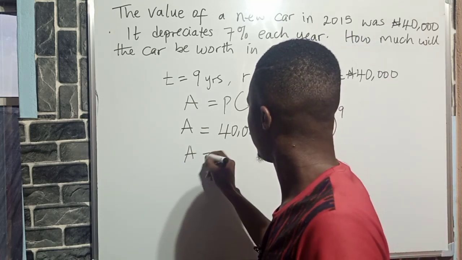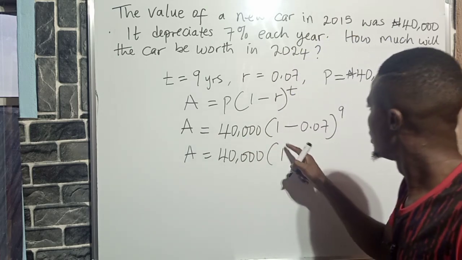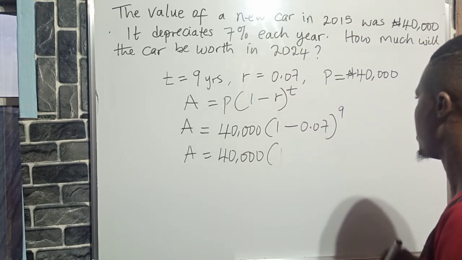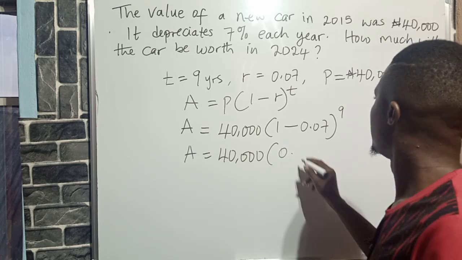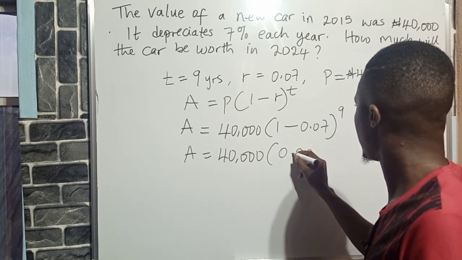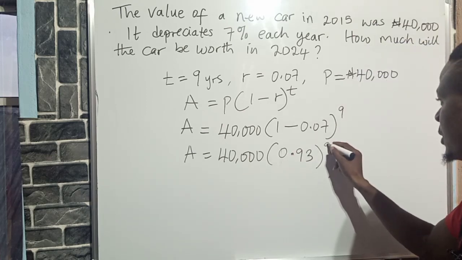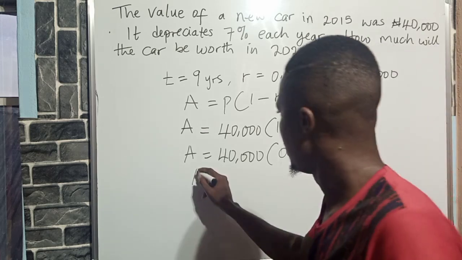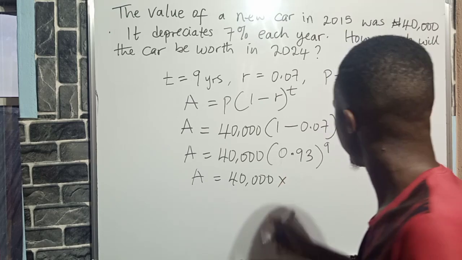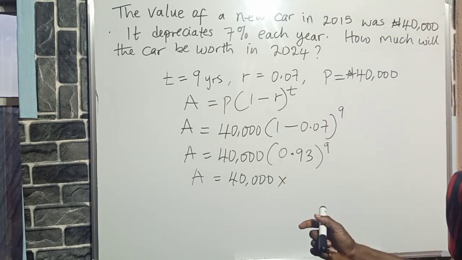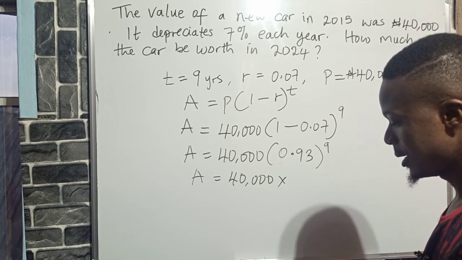So our A will be 40,000 into 1 minus 0.07, which should give us 0.93, then to the power of 9. So our A becomes 40,000 multiplied by 0.93 to the power of 9. So let us find 0.93 to the power of 9.